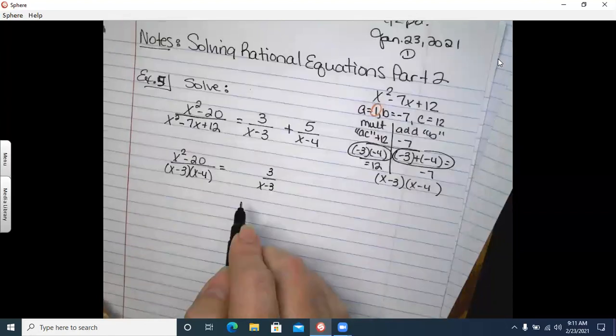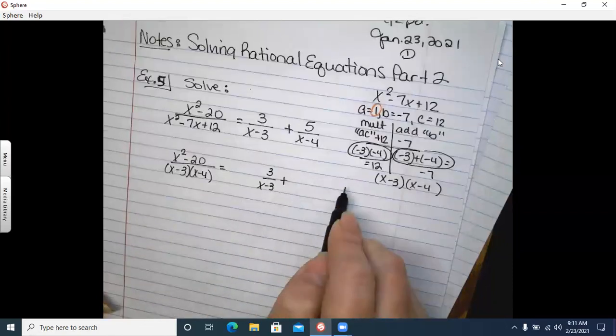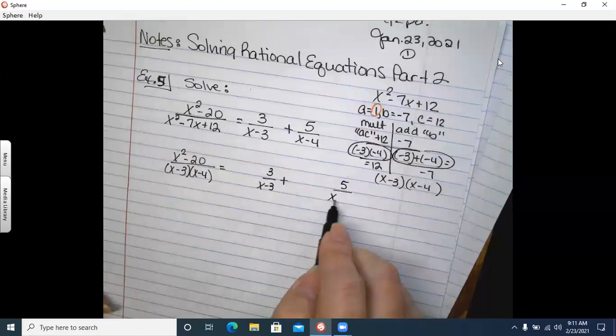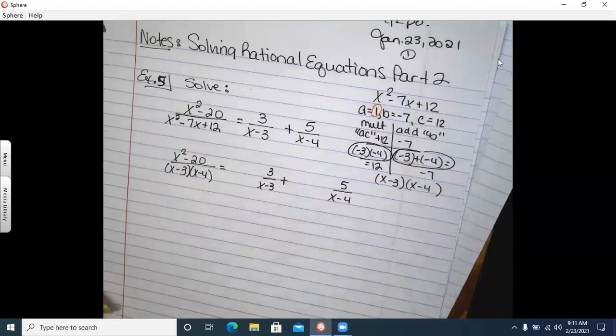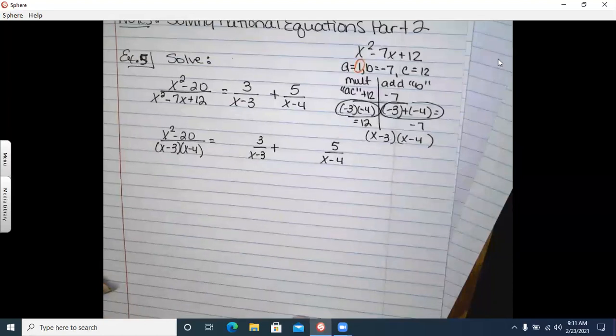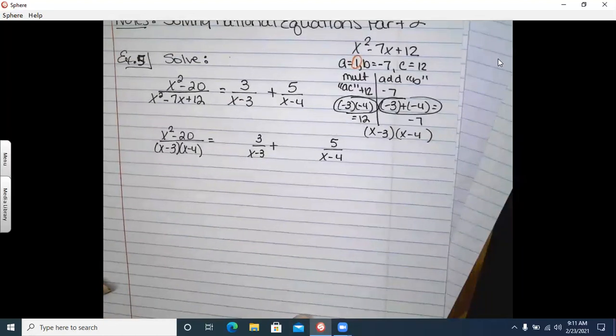Then bring down the plus sign and give myself some space for that last term. Stop me if you have a question. I don't understand. Where did you get this from? Why did you do that? Stop me at that point so I can answer you.